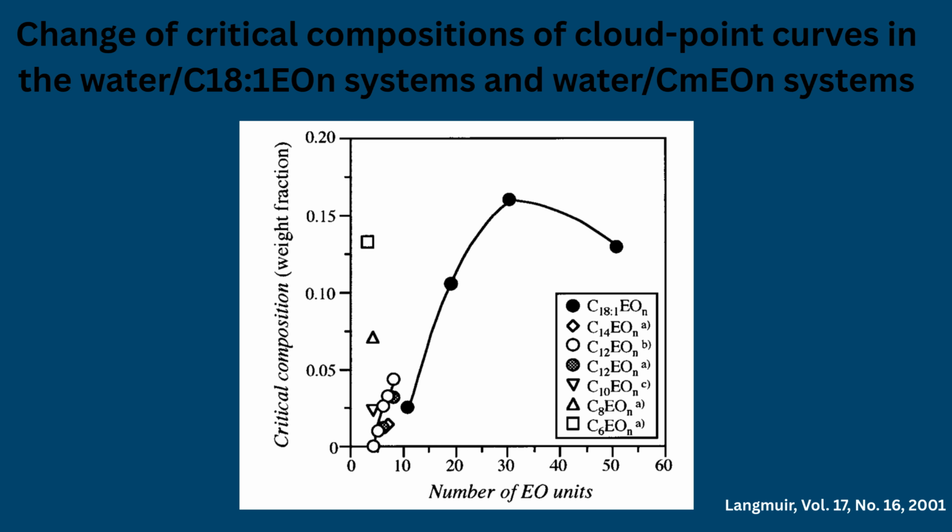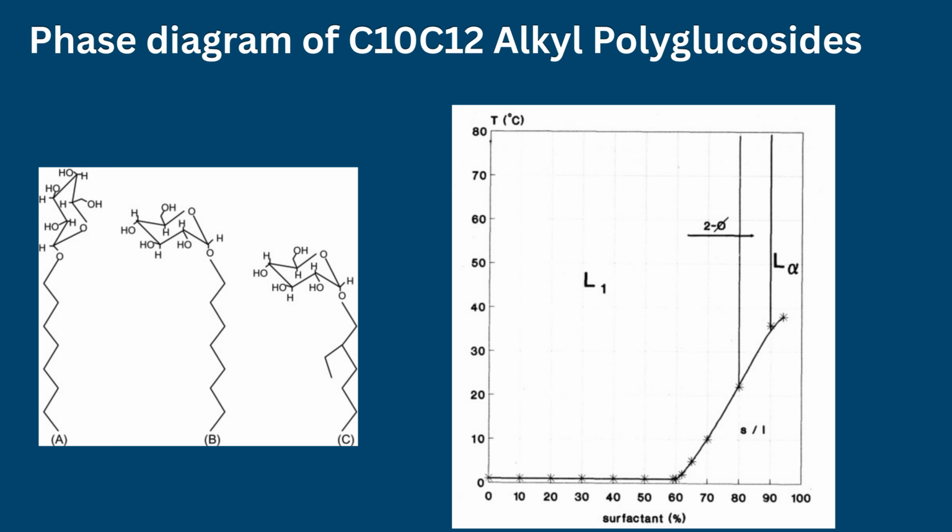Hydrophilic group size: increasing the length of EO chains or the number of hydroxyl groups raises the cloud point by enhancing hydration. Head group chemistry: surfactants with strongly hydrated head groups, for example, sugar-based surfactants, may exhibit higher cloud points or suppressed phase separation.